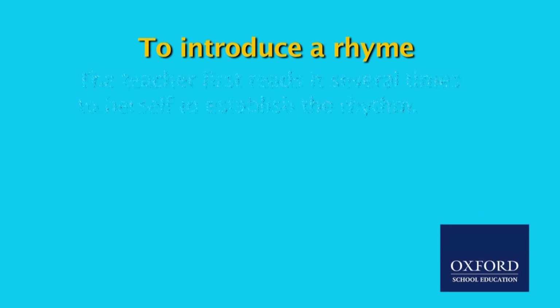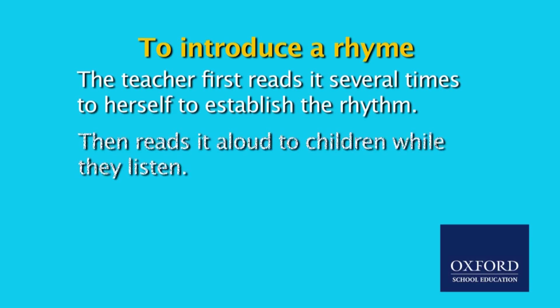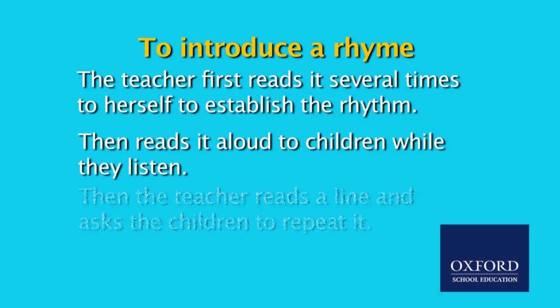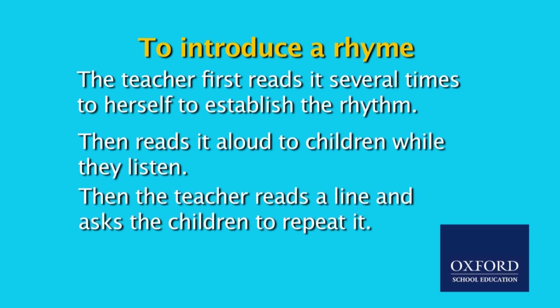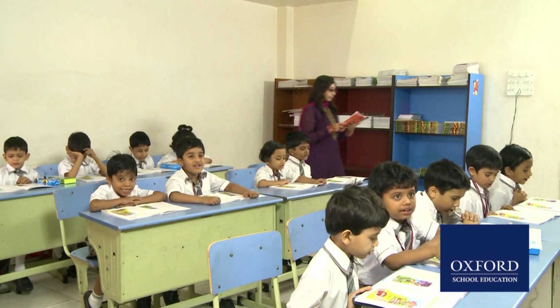So when a teacher is introducing a rhyme, she should first read it to herself several times to familiarize herself with the rhyme. Then she should read it aloud to the children while they listen. Then the teacher should read a line and ask the children to repeat it, and so on through the rhyme.